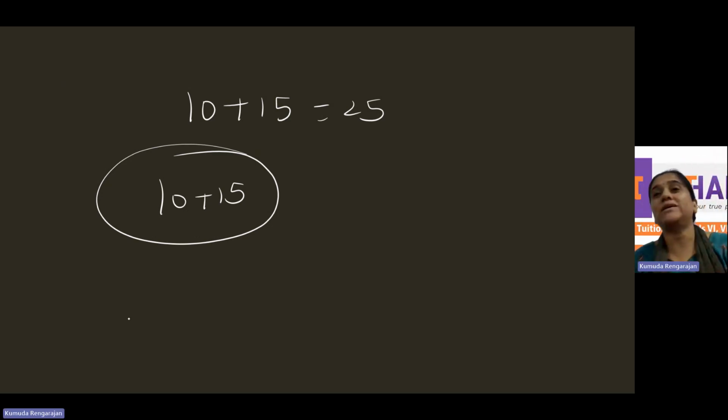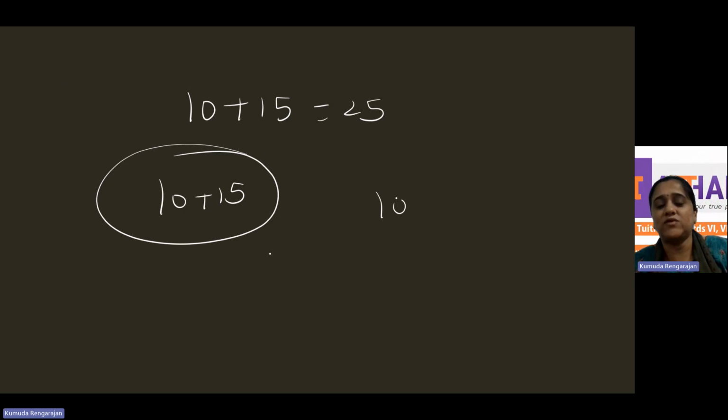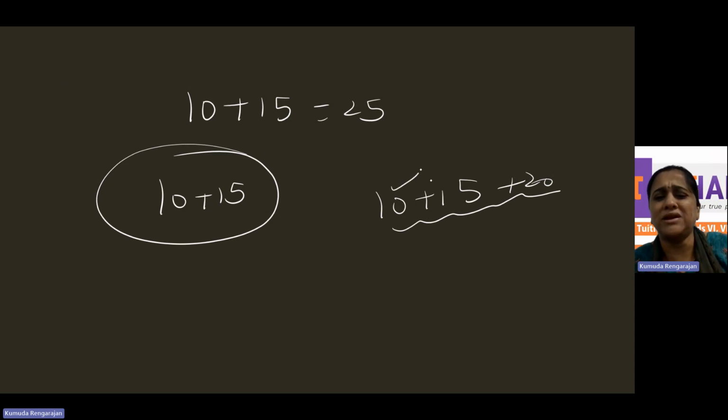So like that, numerical expressions, algebraic expressions. When we say numerical expressions, it's made only of numbers. So 10 plus 15 plus say 20 is a numerical expression, because there are only numbers 10, 15 and 20, along with operations.